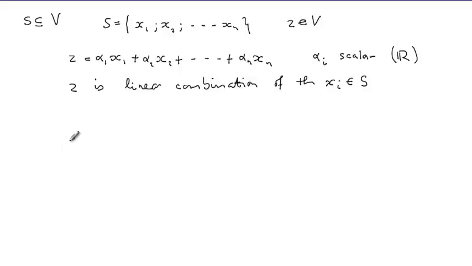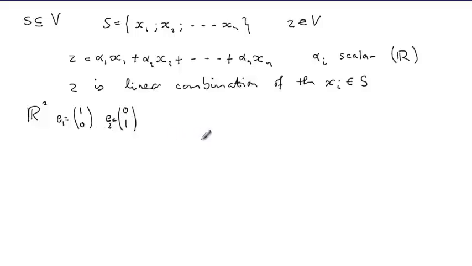Now, we can see that, for example, in R2, we've got the following vectors: (1, 0) and (0, 1). Let's name them E1 and E2.